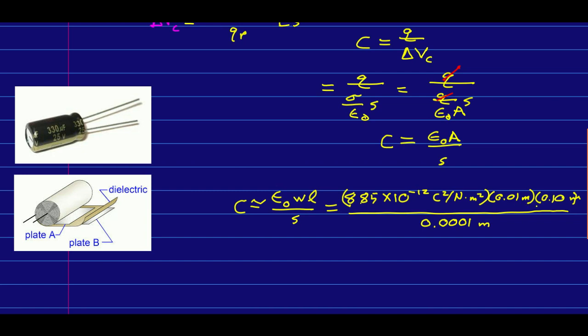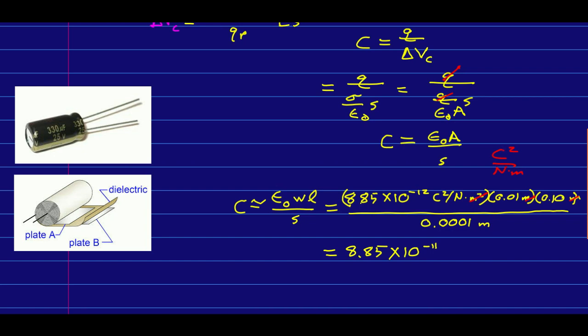And if you just plug that into a calculator, you'll find that it comes to around 8.85 times 10 to the negative 11. And let's just check units. All the meters are gone, and we get Coulomb squared per Newton meter.